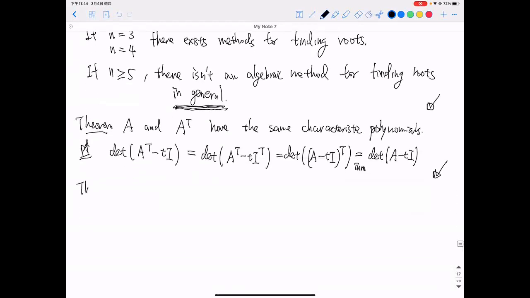Now, okay, let's move on to the next theorem. Let's suppose A is an n by n matrix as usual.